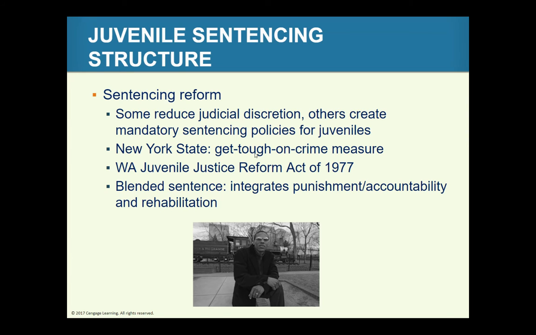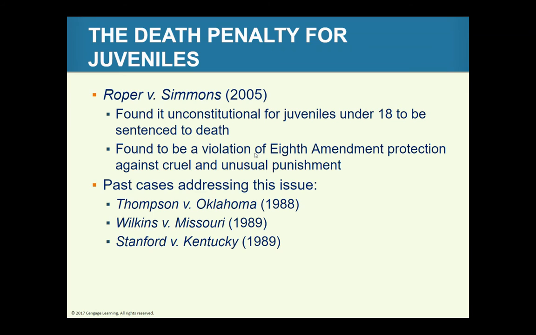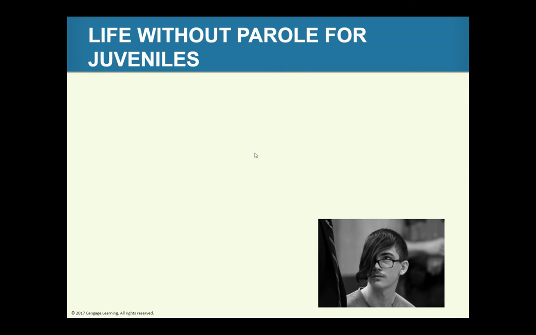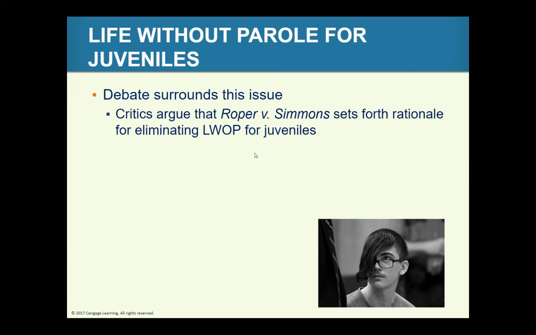The same thing has come true with another case, which talks about life without parole for juveniles. Amnesty International and Human Rights Watch estimate that there are about 2,225 prisoners sentenced to life. About 356 of them were between the ages of 13 and 15 years old at the time they committed their crimes.